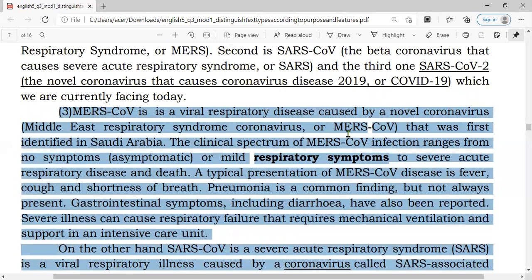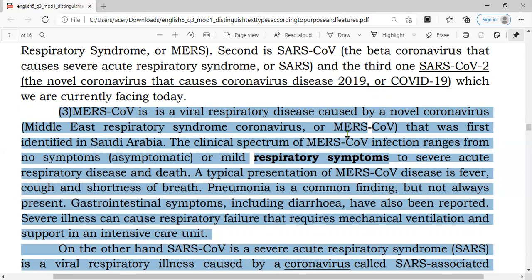You have the virus, but you can't detect that you are already infected because there are no symptoms presented or shown. The second one, you have mild respiratory symptoms, severe acute respiratory disease, and the last, it would result in death.